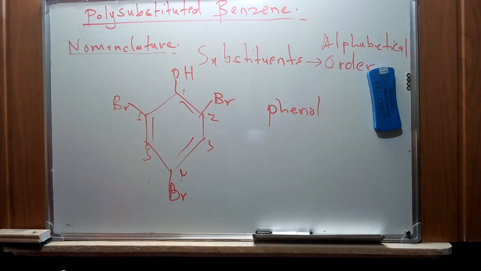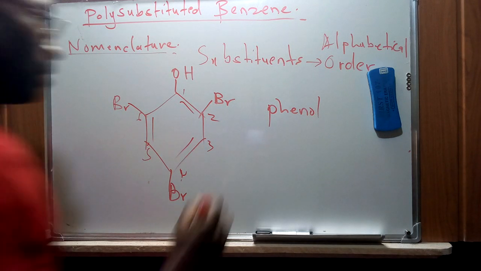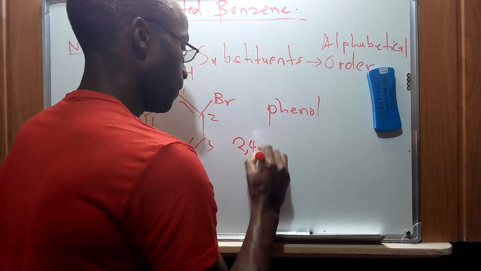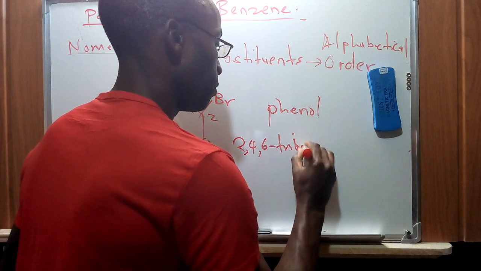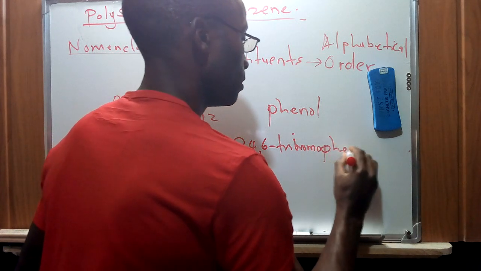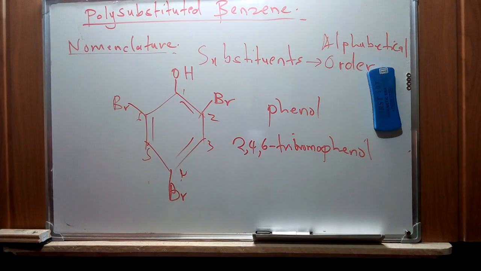And we have the parent name as phenol, so we are going to have substitution at 2, 4, 6, tribromophenol. So that is going to be the name of that particular compound, which has substitution at 3 points.